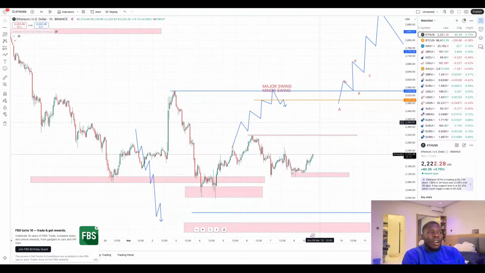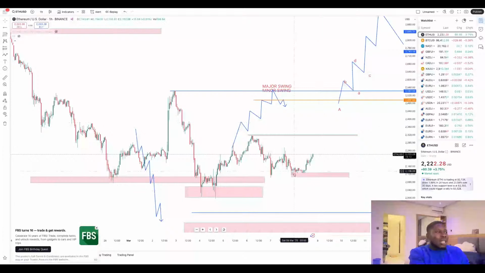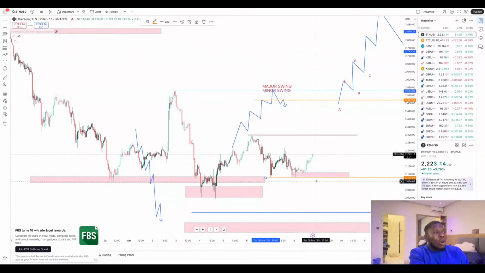There should be an area of invalidation in all your analysis. If I take this trade at this support, and the price goes beyond this support, your stop loss should be some distance away from this support, not just at it, because sometimes the price can just drop a wick.